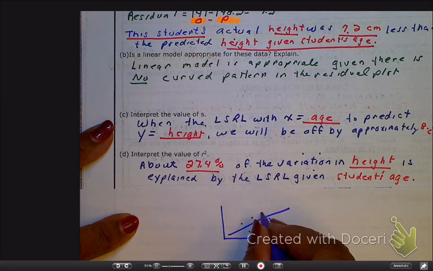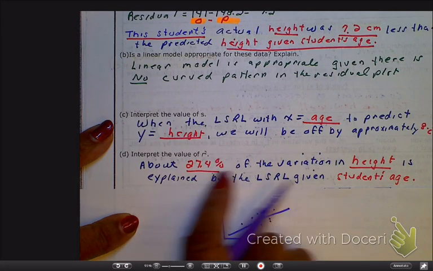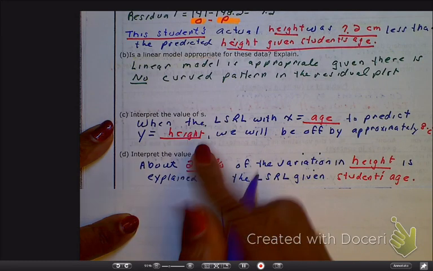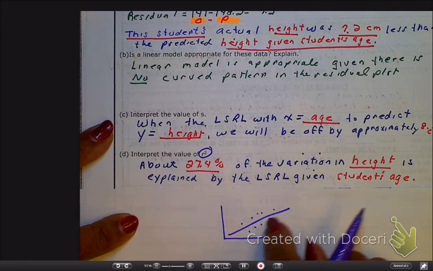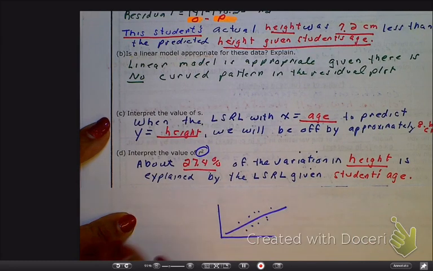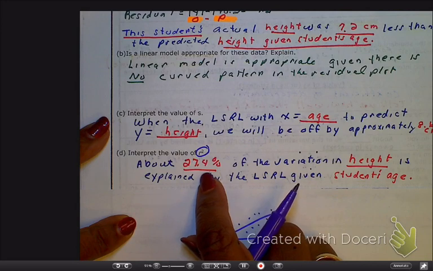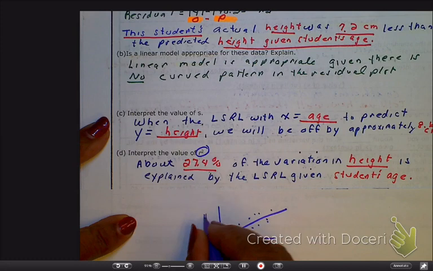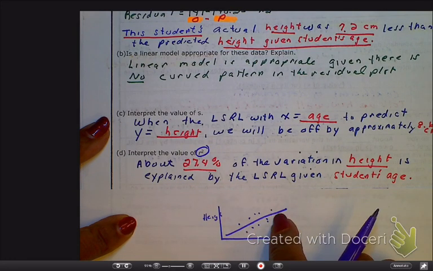It also tells us how much of the variation is explained by the line. In context of this situation, about 27.4% of the variation in height, and here's your height going right here, is explained by that least squares regression line given the student's age.